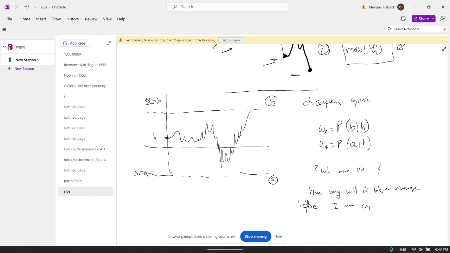So when I say I am captured by B, this supposes, of course, that I'm not captured by A before. Similarly, if I'm captured by A, the game stops at A. It's a random stopping time. And we want to calculate these probabilities.